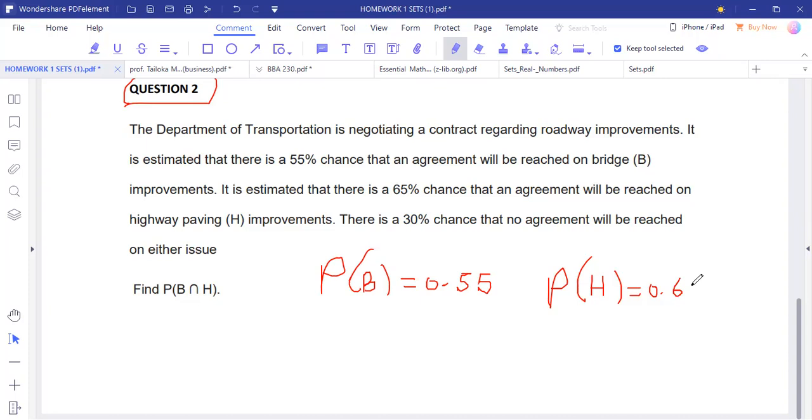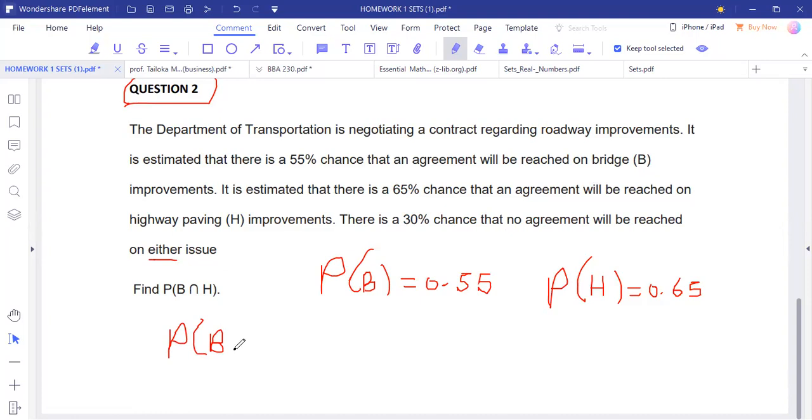Now, what they're saying is that there is a 30% chance that no agreement will be reached on either issue. When they say either, it means addition, a union.